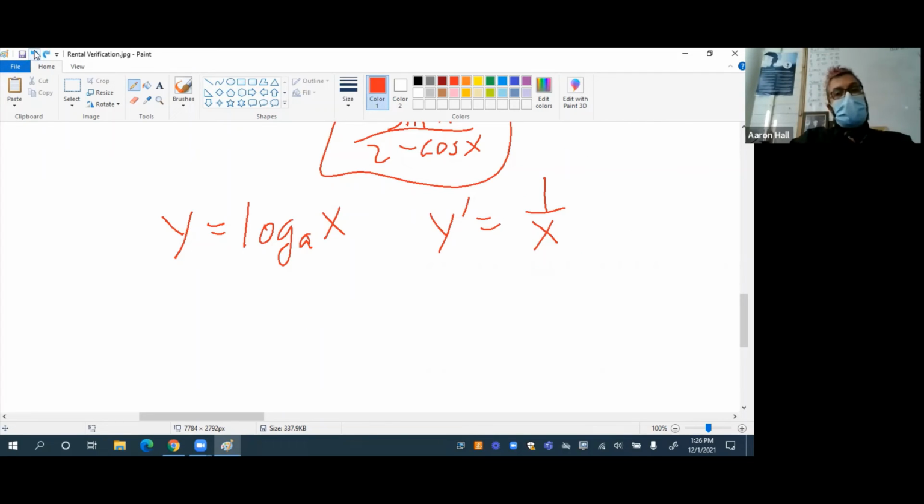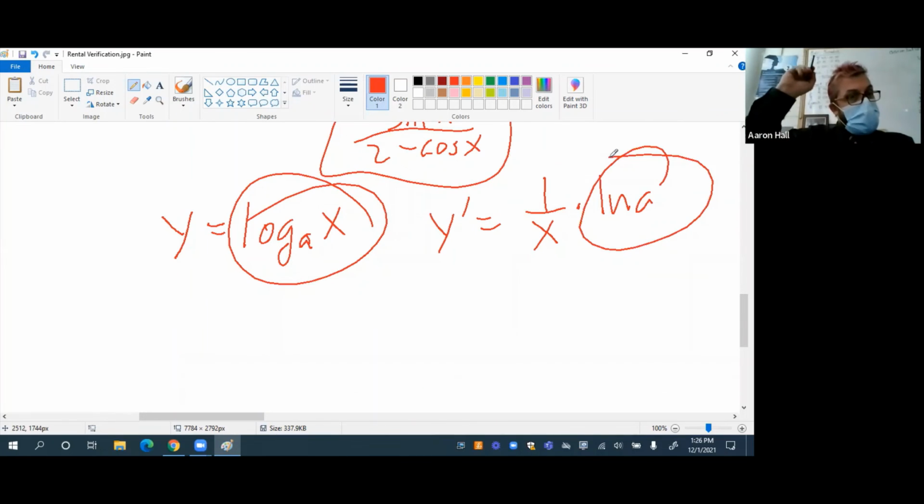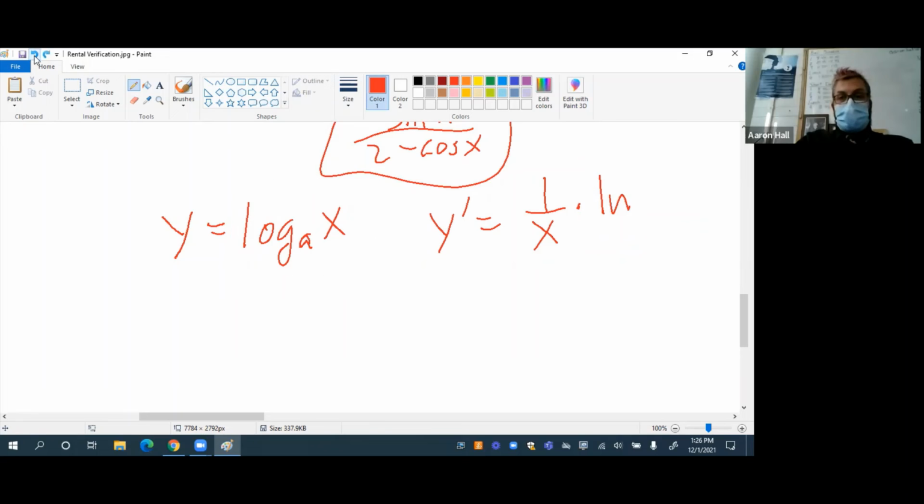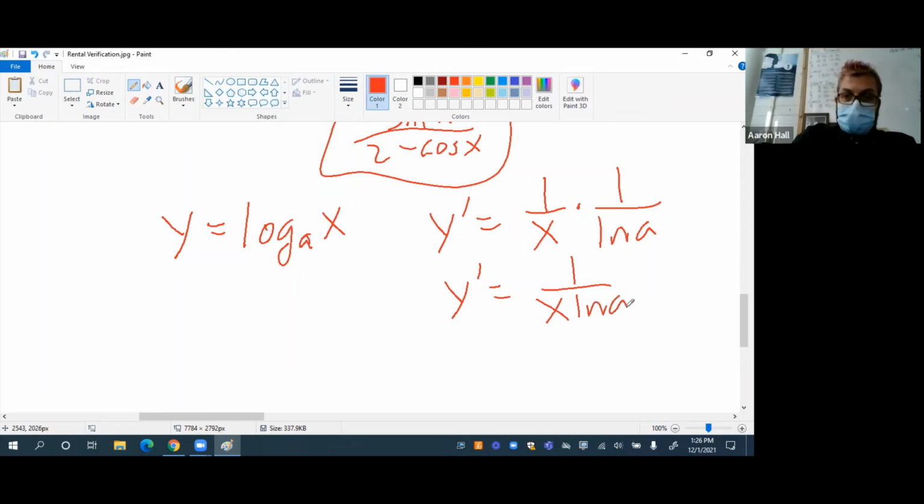And then just like when we did our e to the x, or the a to the x, we multiplied by ln of a. But in this case, it's the inverse. So instead of multiplying by ln of a, we're going to divide by ln of a. If you prefer to write it this way, 1 over x times ln of a.